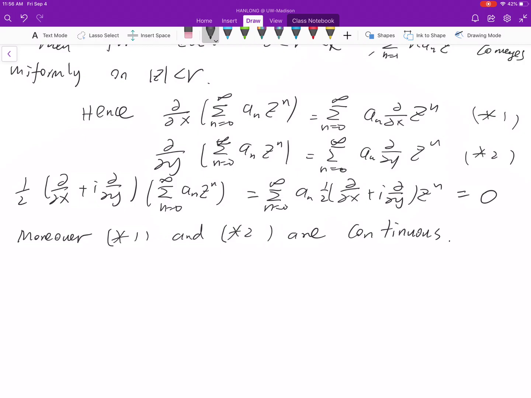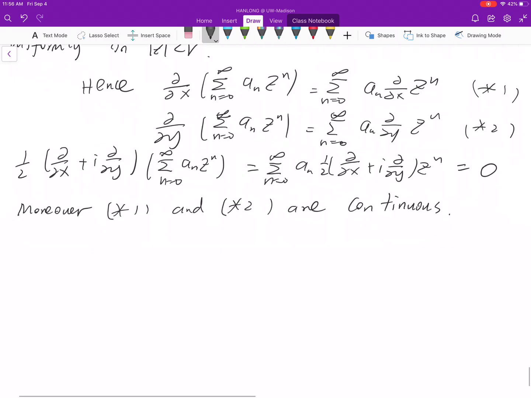So according to the definition, for a function to be holomorphic, we require the complex derivative exists, or equivalently the Cauchy-Riemann equation holds, and the complex derivative is continuous at each point. So we are done.